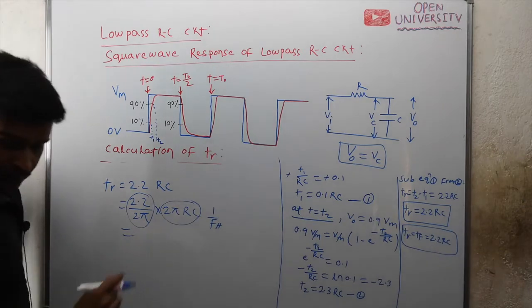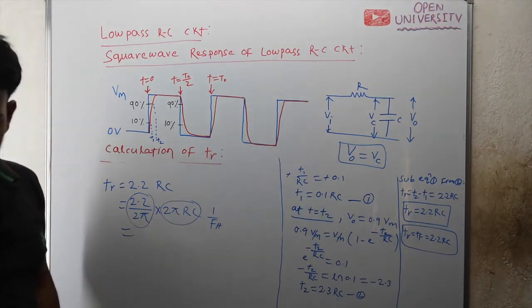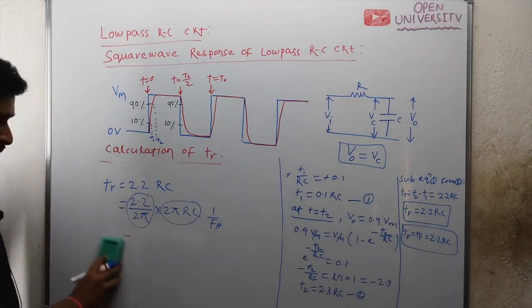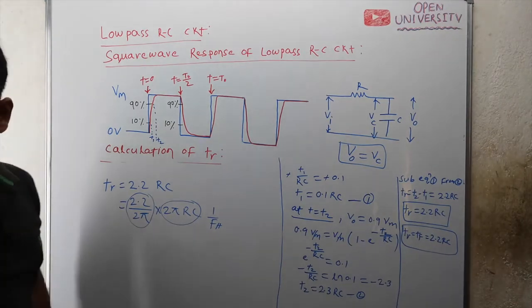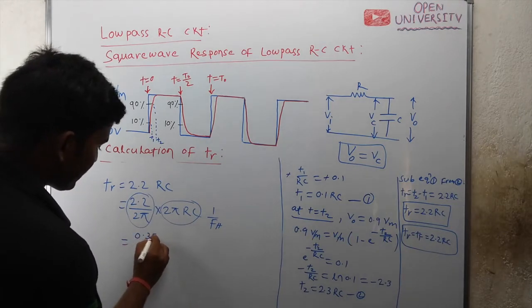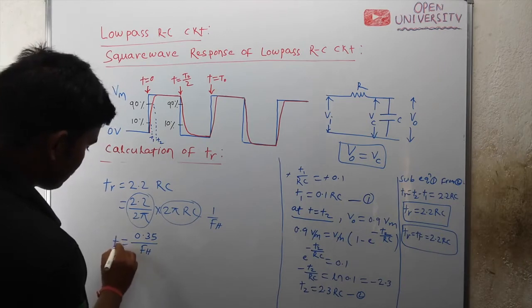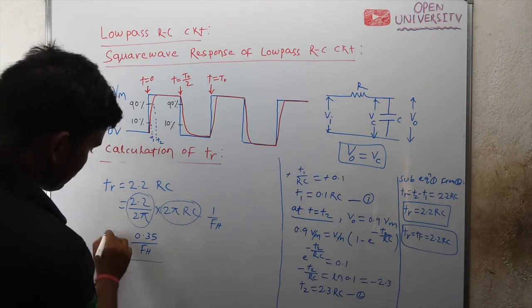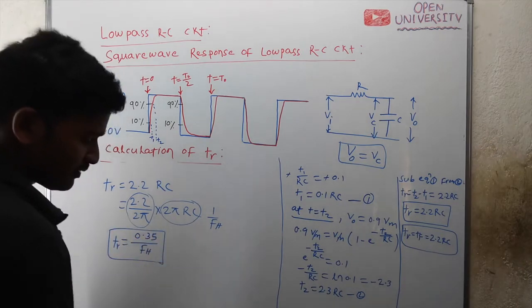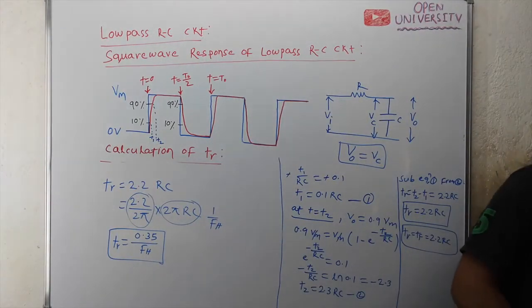So it will be 0.35. Then the formula for rise time will be 0.35 by FH. The formula for rise time is also 0.35 by FH.